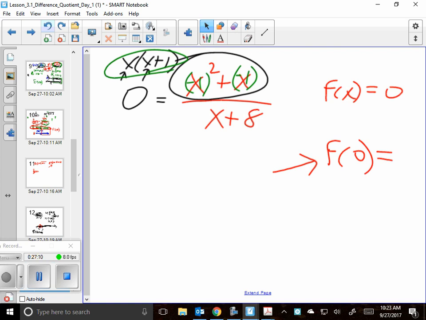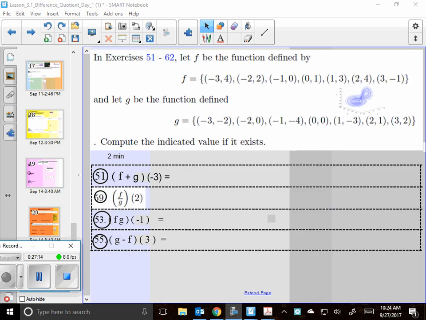And let's talk about the homework for tonight. Pause while I find those pages. So we were in the same file yesterday, but I had you skip this page. Now I want you to do this page. Now notice, it wants you to compute the value. And what am I supposed to do with this f divided by g over 2?